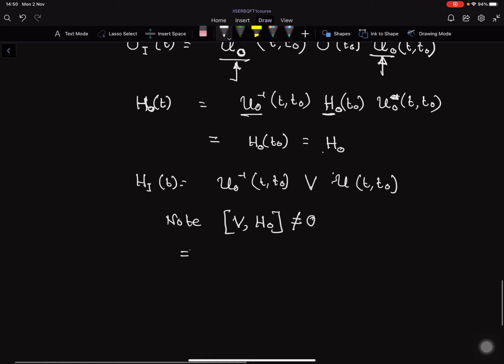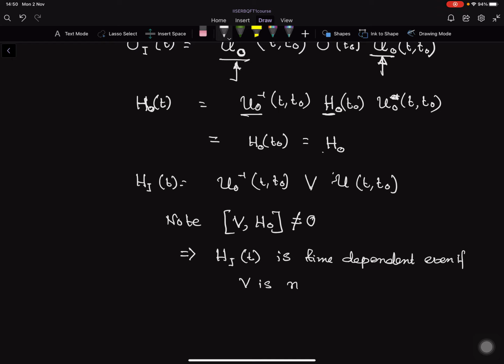This implies that the interaction Hamiltonian Hi of t is time dependent, even if V is not. This is an artifact of the interaction picture. Because we are doing things in the interaction picture, that's why this is happening.